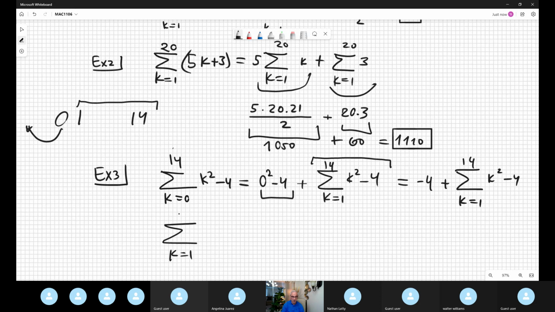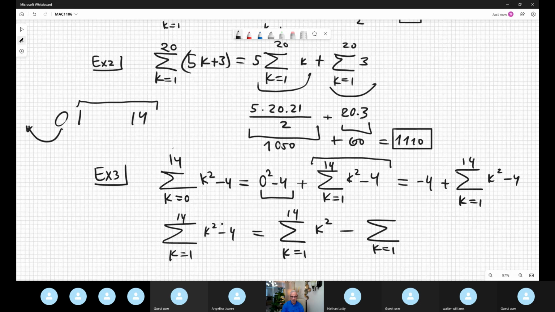I know that when I finish computing this, I subtract 4. So I recommend that you separate into pieces. The first piece is the summation from k equals 1 to 14 of k squared, minus another summation from k equals 1 to 14 of the 4, only 4.